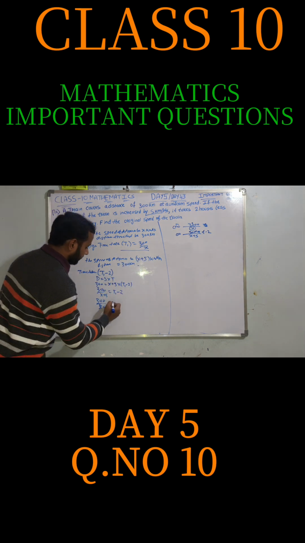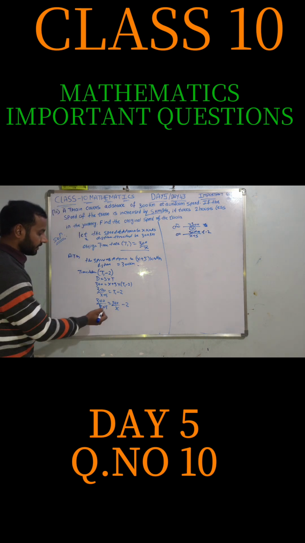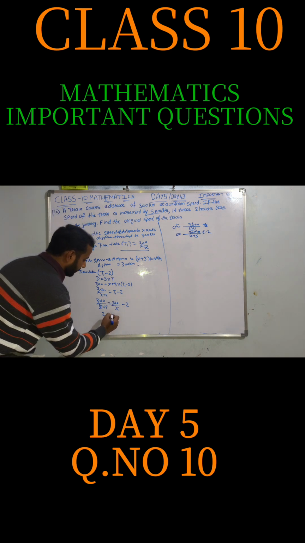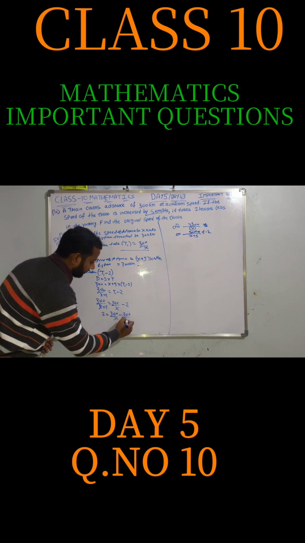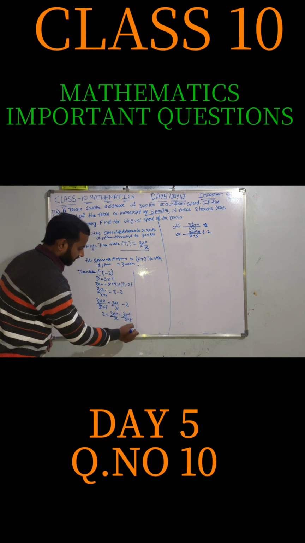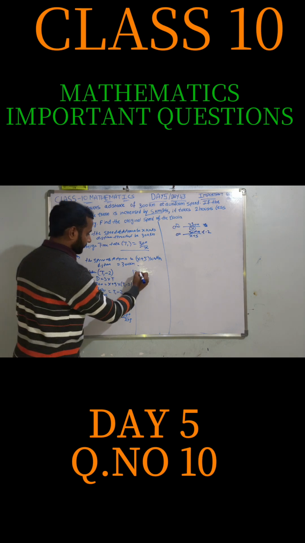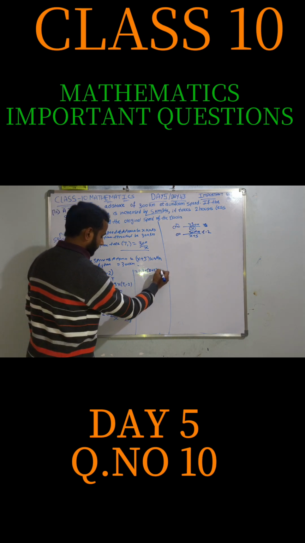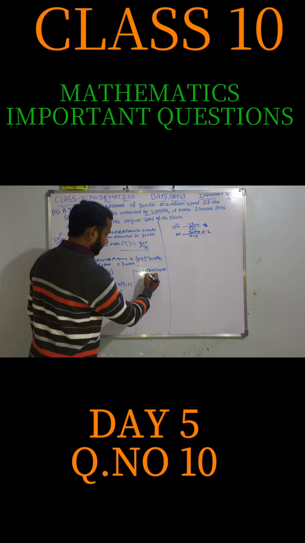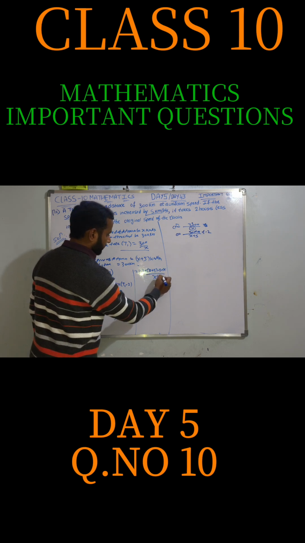The t1 value we have is 300 by x, minus 2. Now 2 is added here: 2 equals 300 by x minus 300 by x plus 5. Now take the LCM: 300 into x plus 5 minus 300 into x, divided by x into x plus 5.